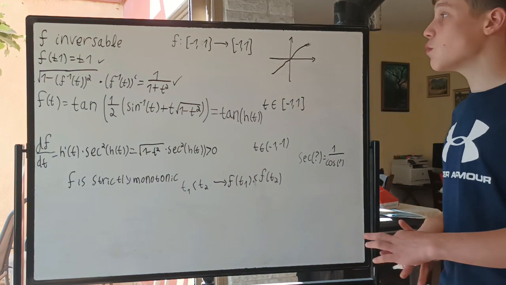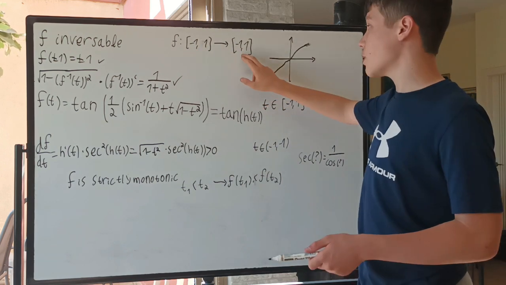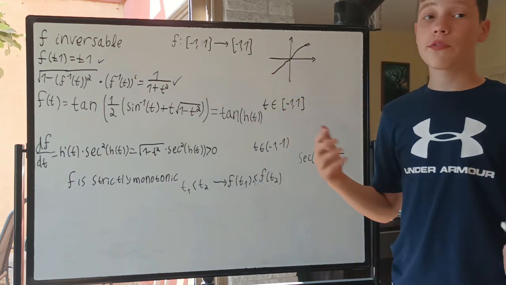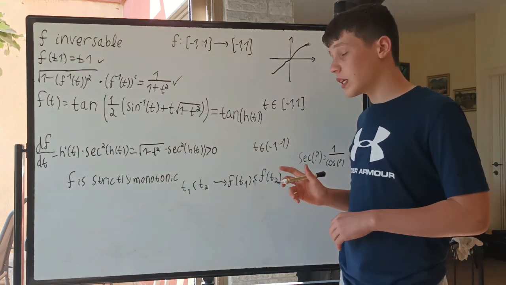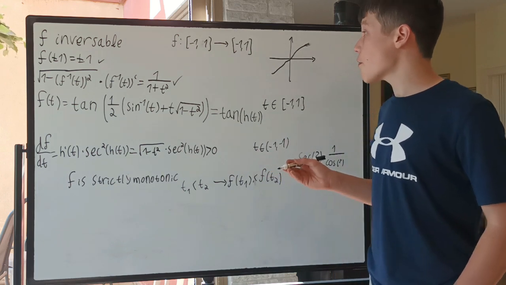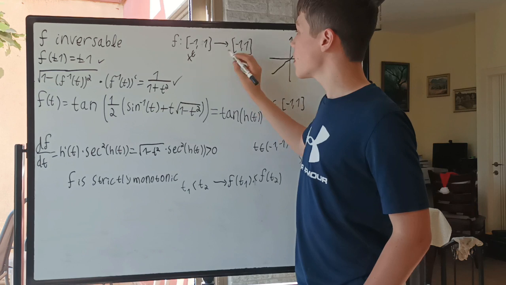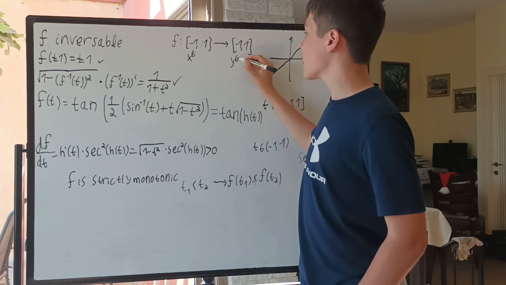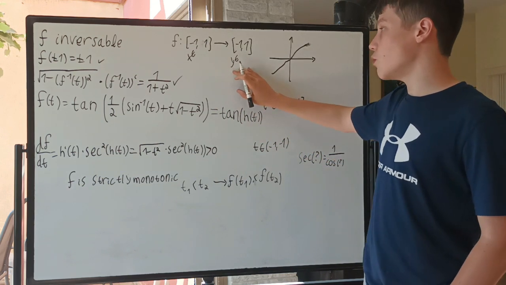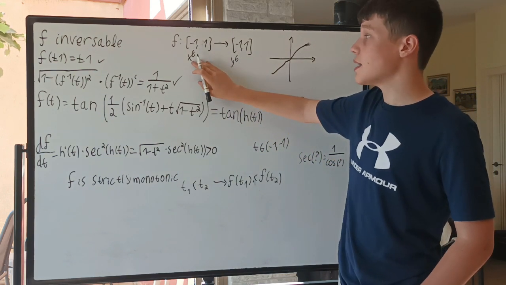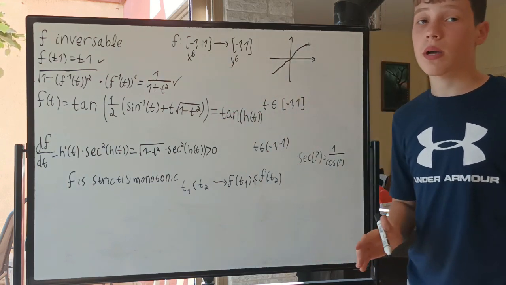So, if we show that each number here corresponds to exactly one number here, then by definition we've proved f is invertible. So first of all, let's show that for every value y here, there exists an x here, for which f of x is equal to that y.